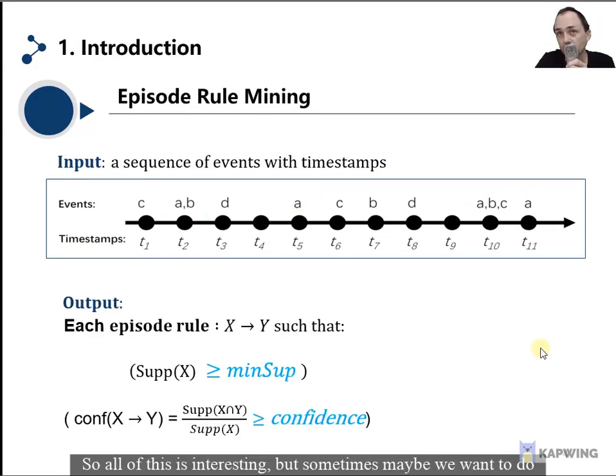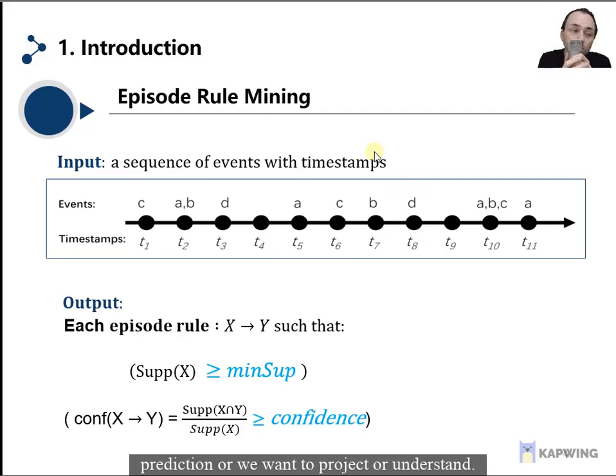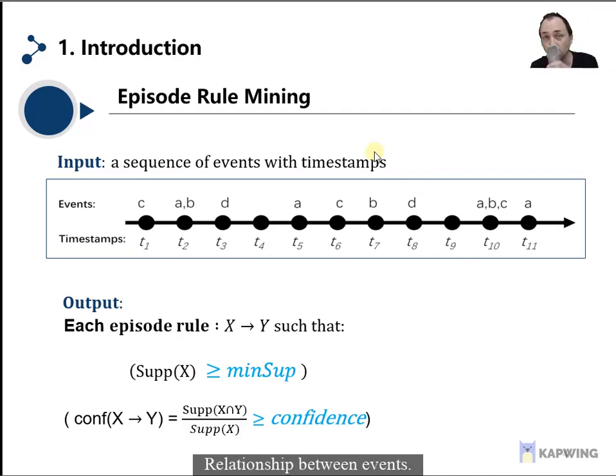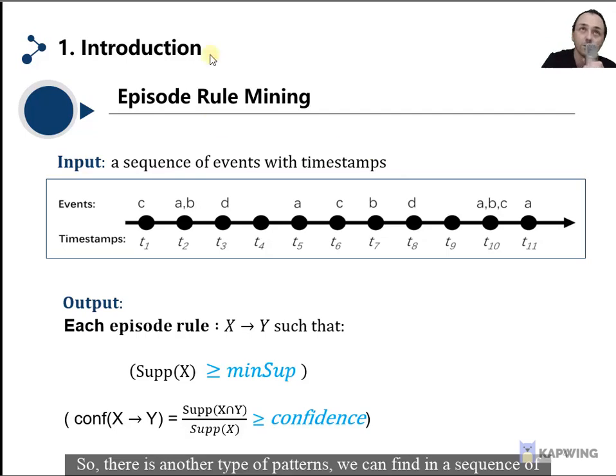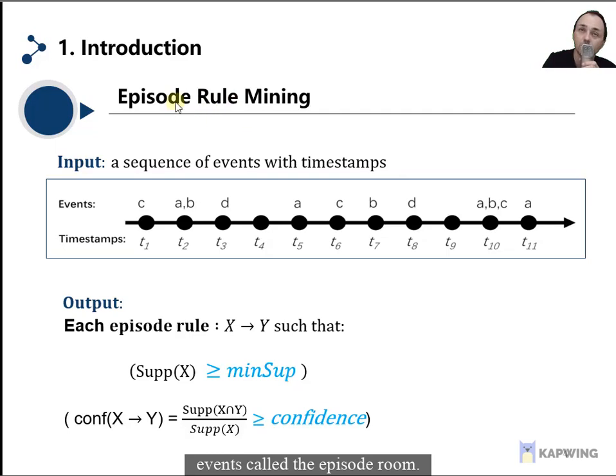All of this is interesting, but sometimes we want to do prediction, or understand the relationship between events. So there is another type of pattern we can find in a sequence of events called the episode rule.